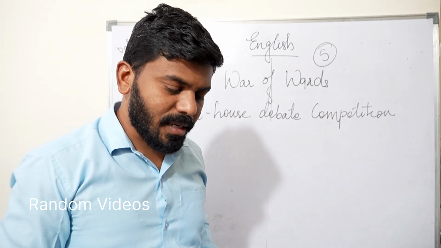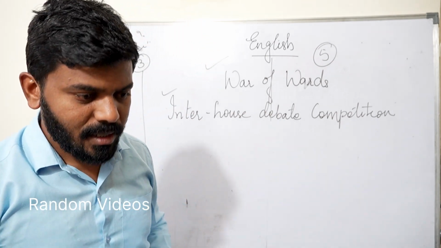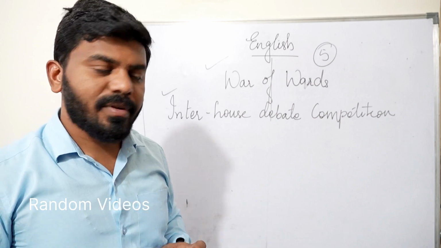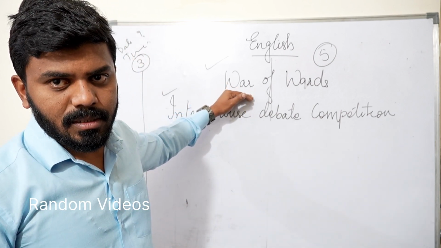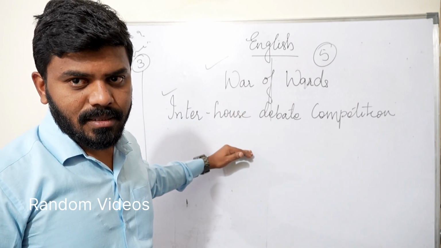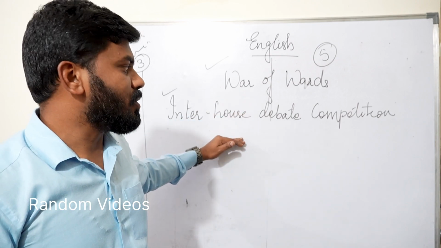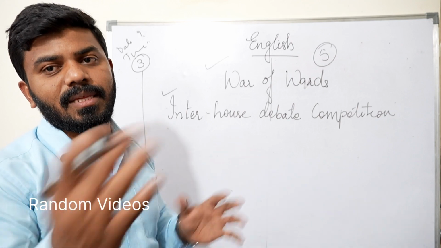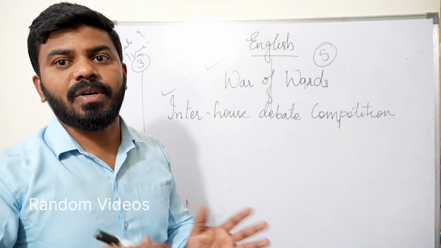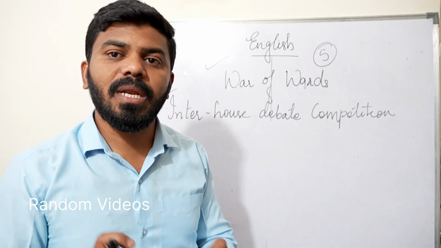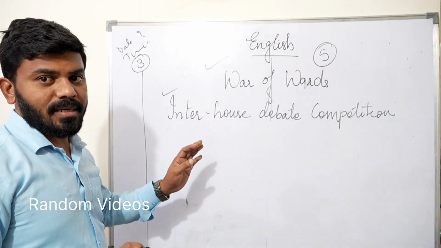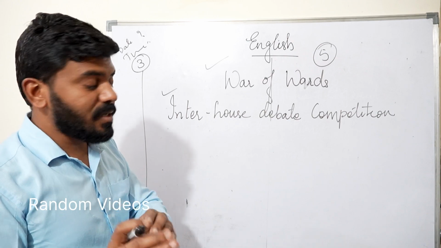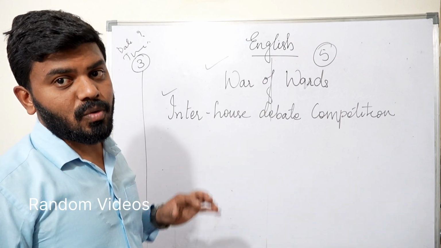Imagine today you are writing an exam, and you are asked to draft a notice of an inter-house debate competition. Today is the 9th, see to it that you write at least after the 20th. After the 20th or 21st. A minimum 10 days gap must be there between the day you write the notice and the event.